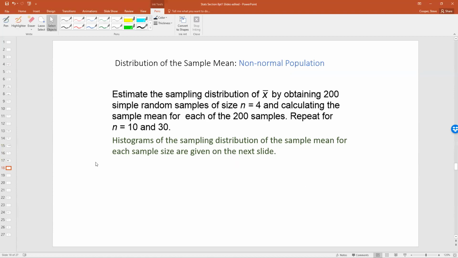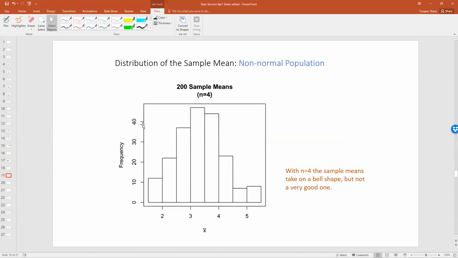Okay, so what I want to do is just walk you through some of the outcomes. If we look at sample means for rolls, let's start with 4 at a time. Okay, so this is the shape we get out of a distribution of sample means when we roll and average 4 rolls at a time.